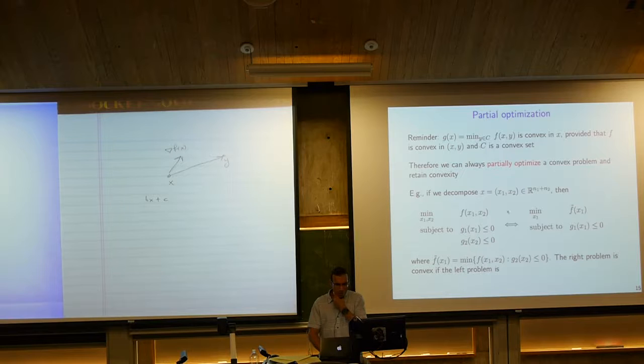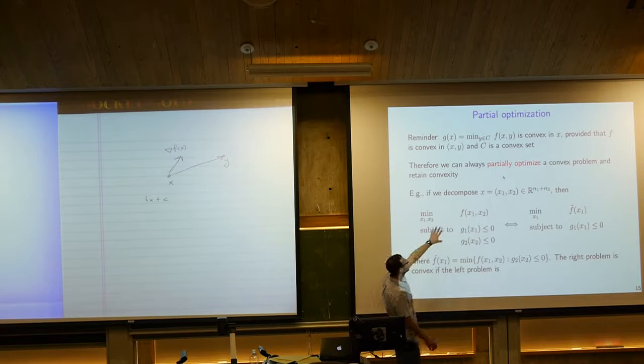So in other words, if I ever have a problem where I decompose my variable into two parts, x1 and x2, and suppose constraints even separate out between x1 and x2, although this doesn't have to be the case. I just want to write it this way so that it's clear. I can always minimize out over part of the variables.